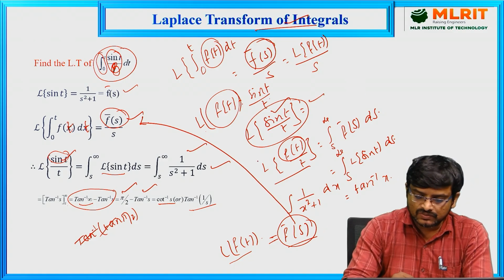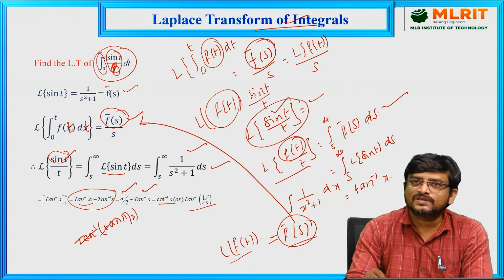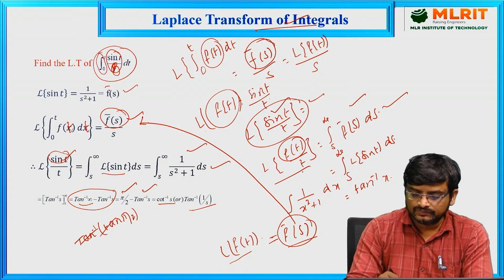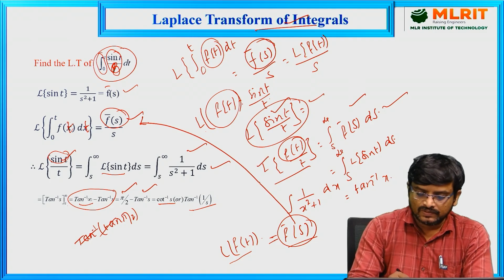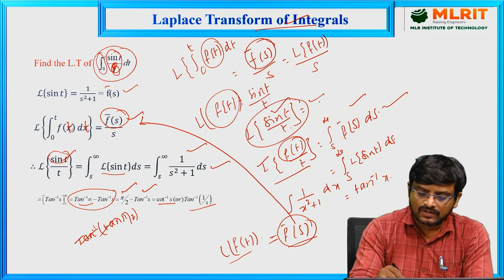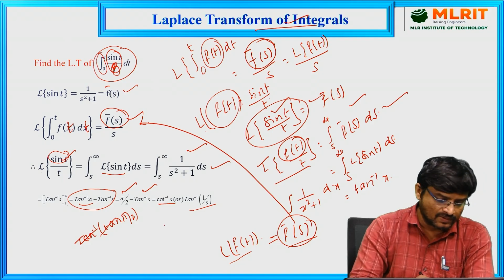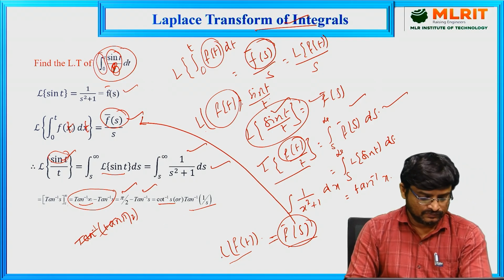Now by using this property, we have the formula integral s to infinity f bar of s. You find out this value by using this formula, then you can get our Laplace transform of sine t by t, that we have to consider as f bar of s here. So this value you replace in this standard formula, we can get our required one.